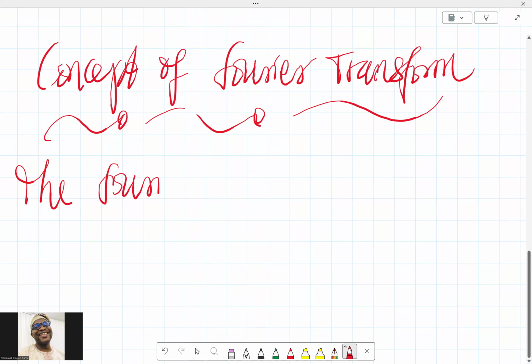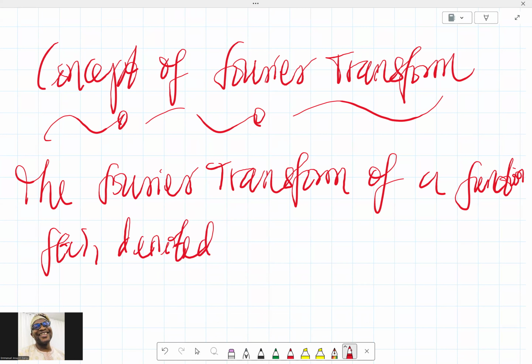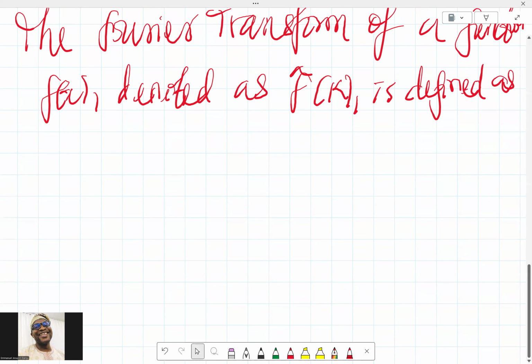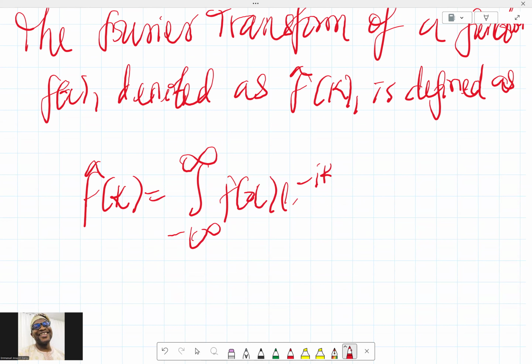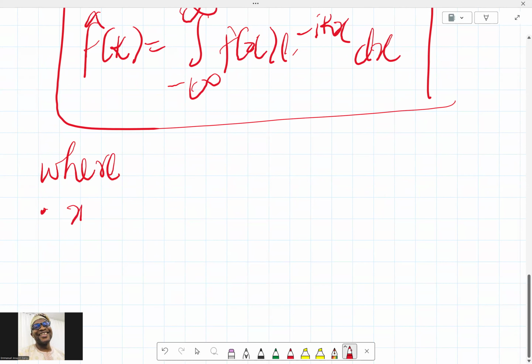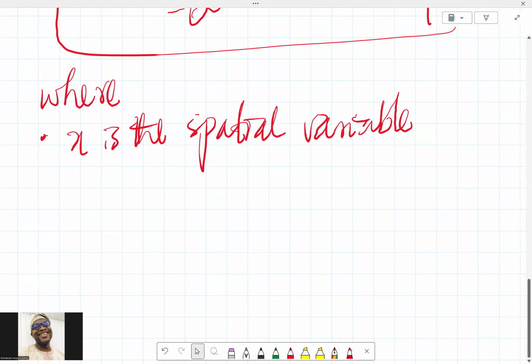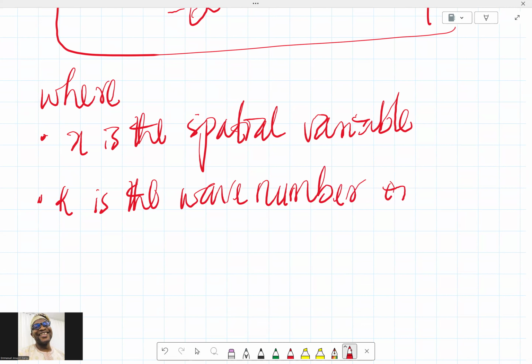The Fourier transform of a function f of x, denoted as f cap of k, is defined as f cap of k equals the integral from minus infinity to infinity of f of x e raised to minus ikx dx, where x is the spatial variable, k is the wave number or frequency.